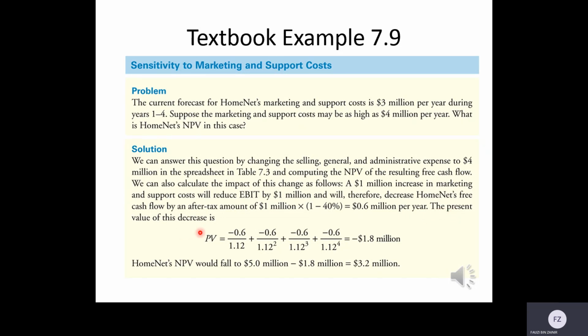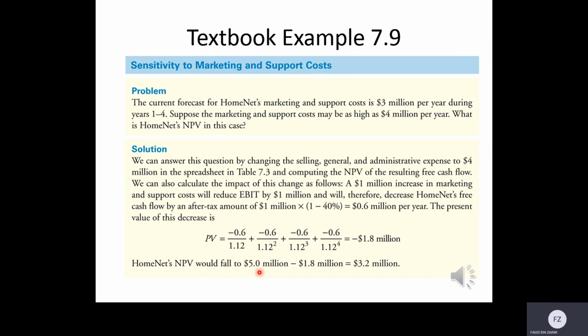The present value of the decrease is as follows. This is the incremental effect of the increase in marketing cost on EBIT, and the EBIT after tax is going to have an impact of minus 0.6 million every year, which we discount over the next 4 years at 12%. So the negative impact is minus 1.8 million.